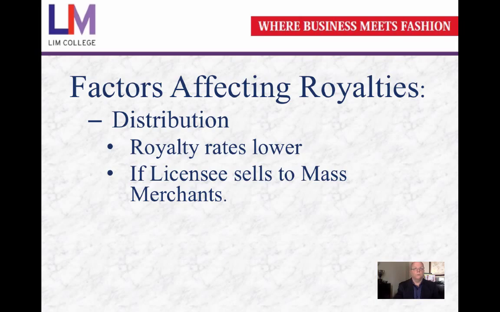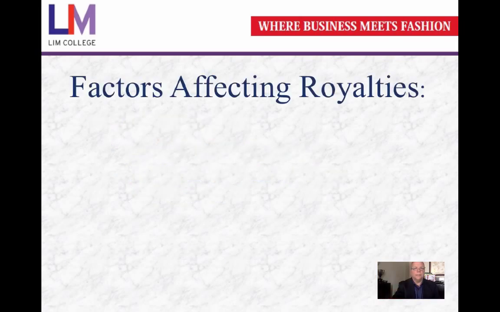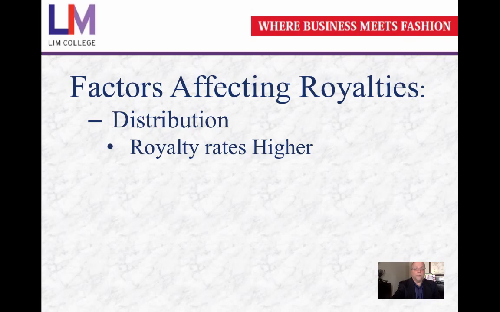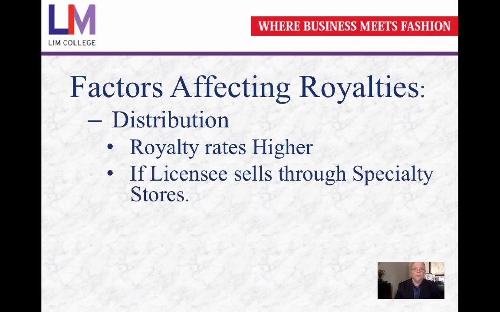It makes sense then that royalty rates are higher if the licensee sells through specialty stores. Specialized items, higher demand, higher prices. Of course, the royalty rates are going to be higher.